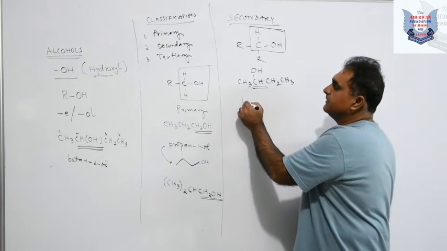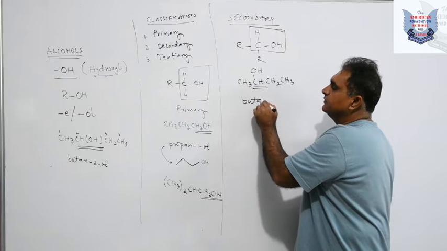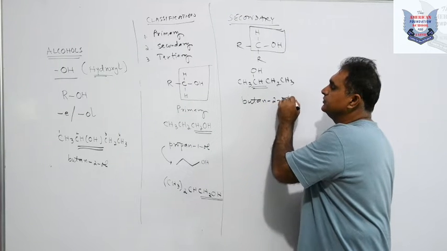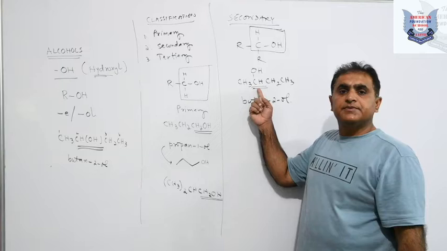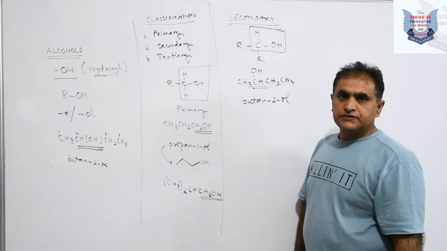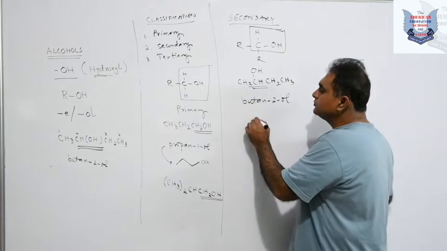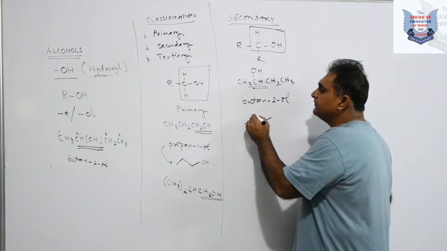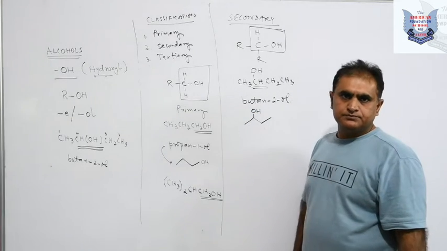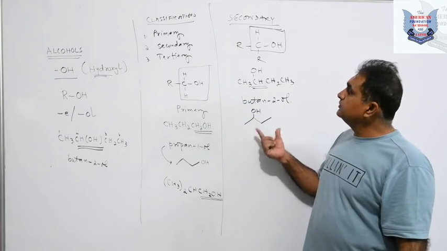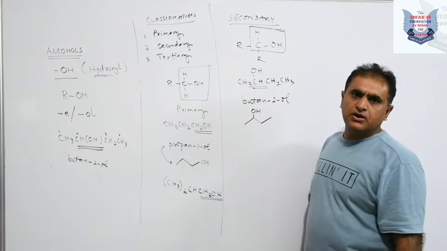And the name of this compound is butan-2-ol, because the OH group is present at carbon number 2. And how to show this structure in skeletal form? This is how to show the skeletal form. So this is butan-2-ol, a member of secondary alcohol.